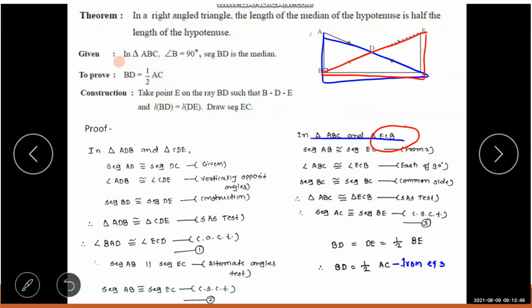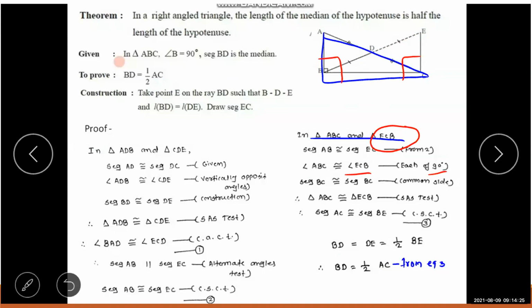Now in these two triangles, AB is congruent to EC. We just saw that. Angle ABC is congruent with angle ECB, as both angles measure 90 degrees.